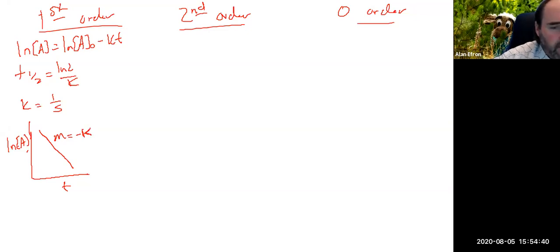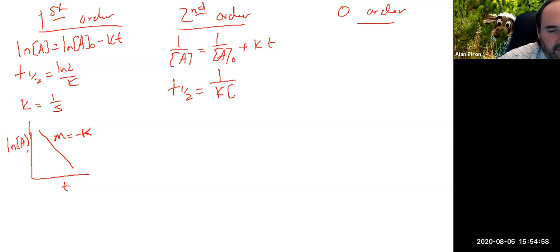Now for second order, we have 1 over A equals 1 over A naught, where A naught is the initial concentration and A is the final concentration, plus KT. And what we see for the half-life here is 1 over K times A naught. So half-life is affected by the initial concentration here.